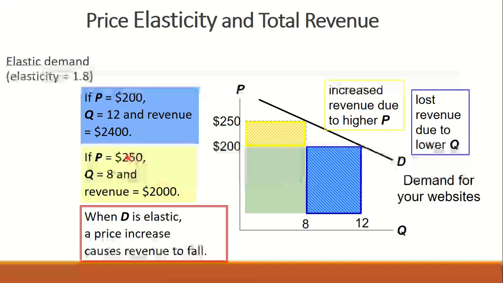Initially, total revenue was $2,400, and now it is $2,000. It means that the total revenue decreased with an increase in price. When demand is elastic, a price increase causes revenue to fall.